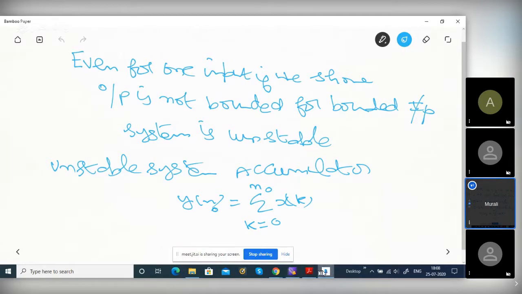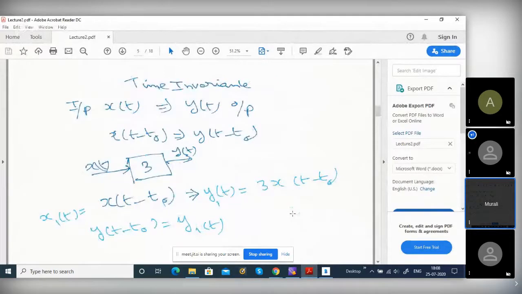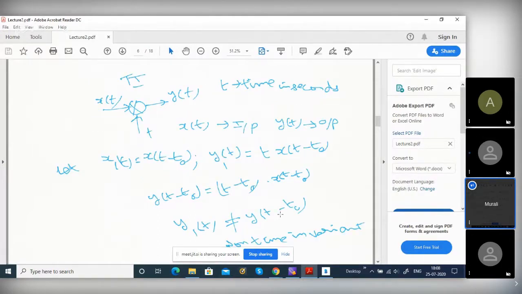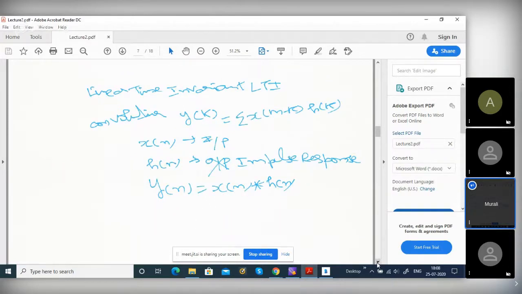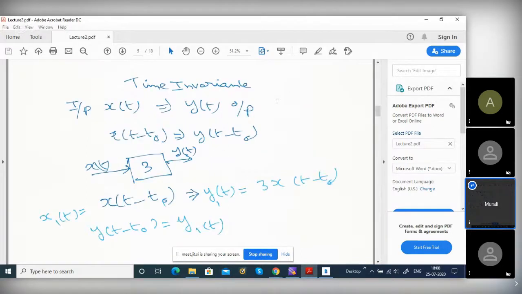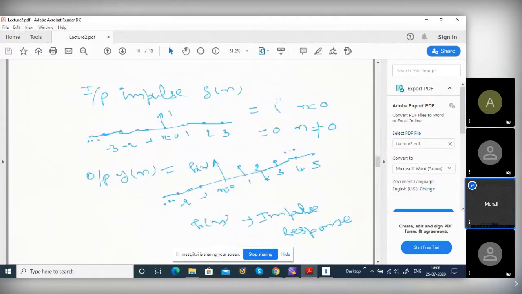So why is this missing? The impulse function, it's not there.